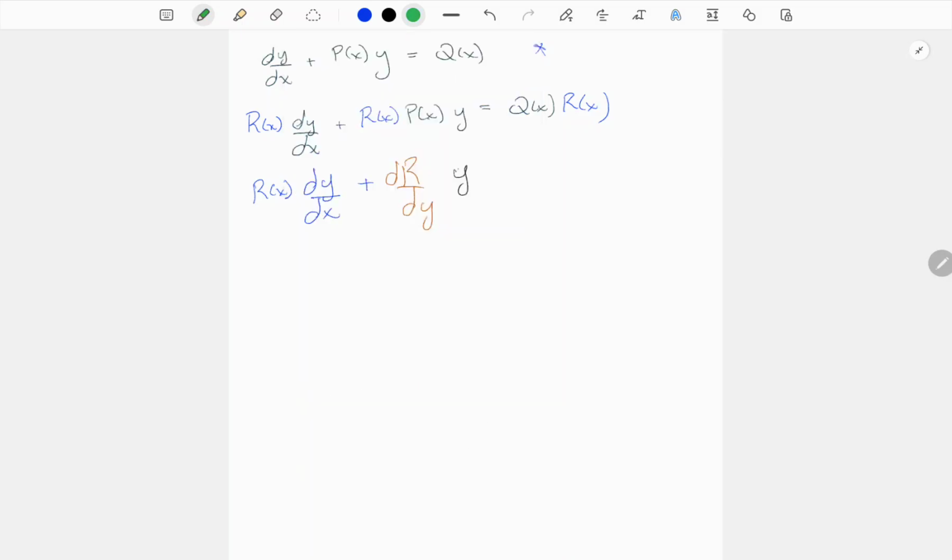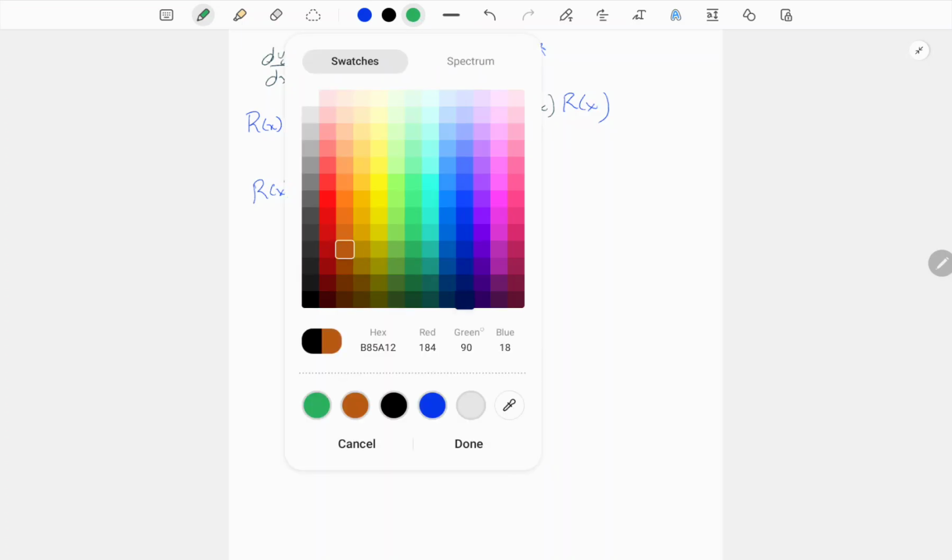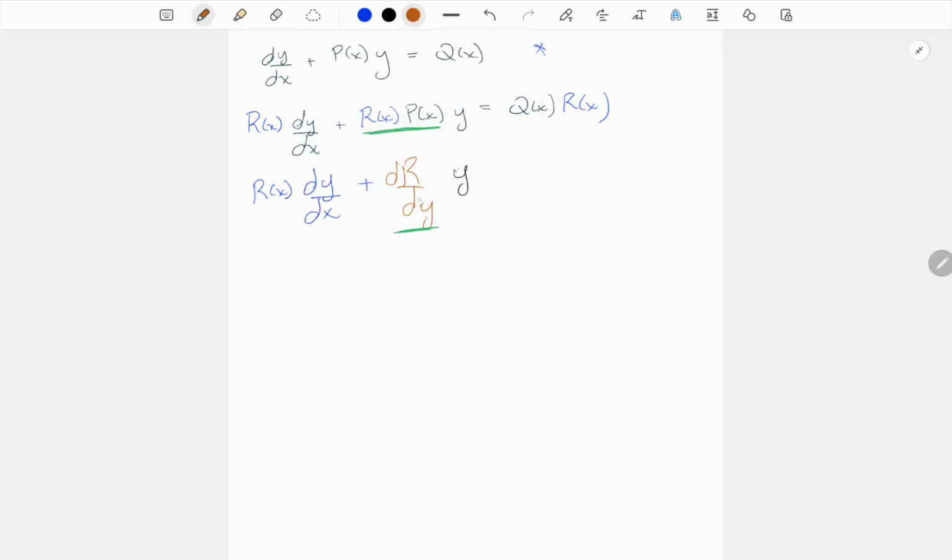If we could force, you see this? r of x times p of x. Sorry, this should be dx, I got this one a little bit off. It should be dx.